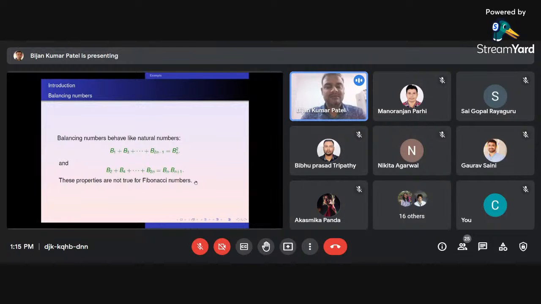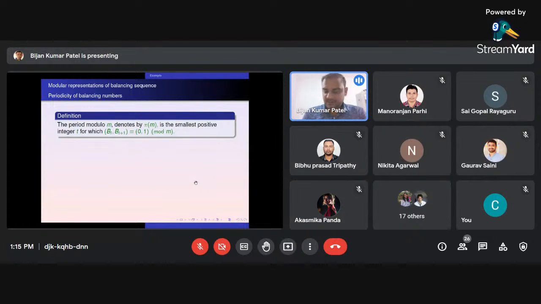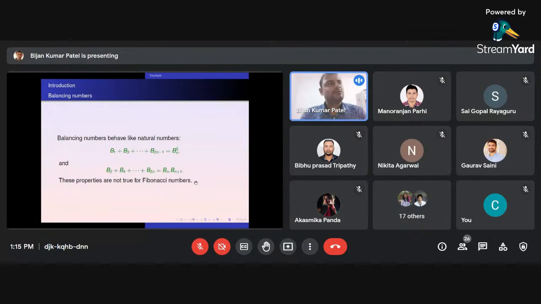Similarly, if you add the even numbers 2 plus 4 up to 2n, that is n into n plus 1, and the balancing sequence satisfies a similar relation. These natural properties are not satisfied by the Fibonacci sequence, but the balancing sequence satisfies them. So these are some basic properties for which researchers are interested.